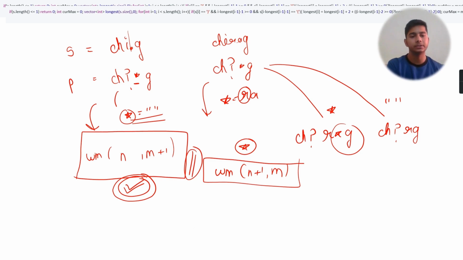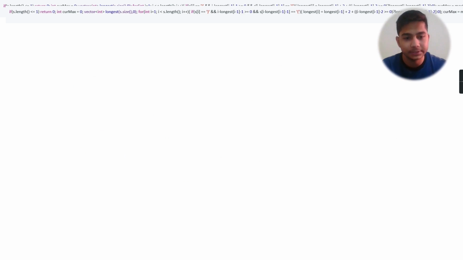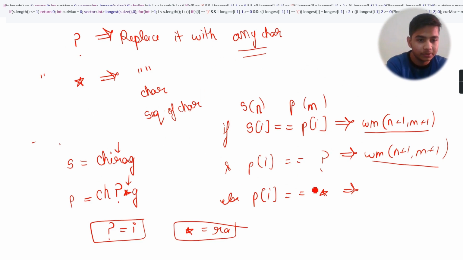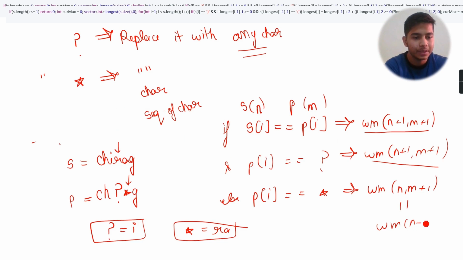If one of them returns true, it simply means that, okay, with the help of the pattern I can convert it into the string, and that's how it will work. So it will be wm of n comma m plus 1 or wm of n plus 1 comma m, right? These will be the three conditions that we have to deal with.